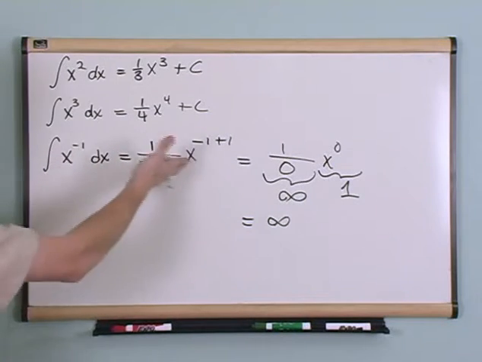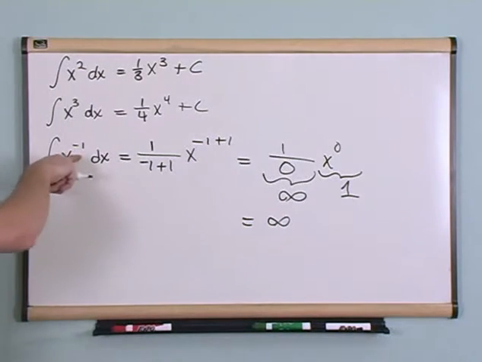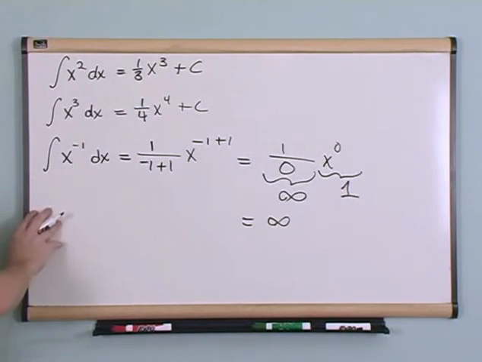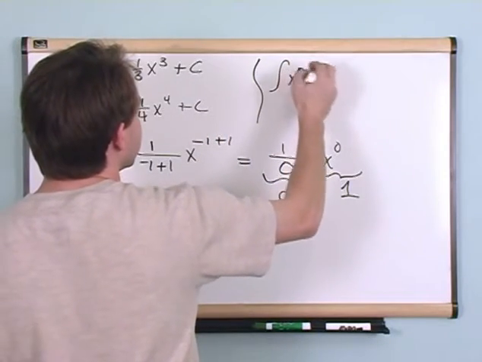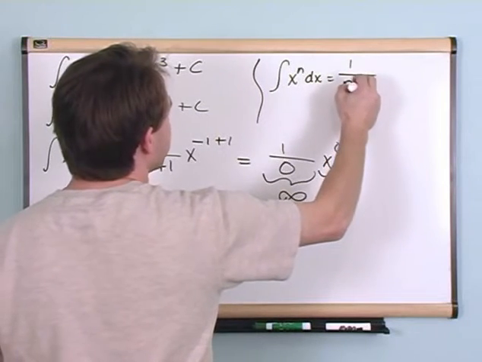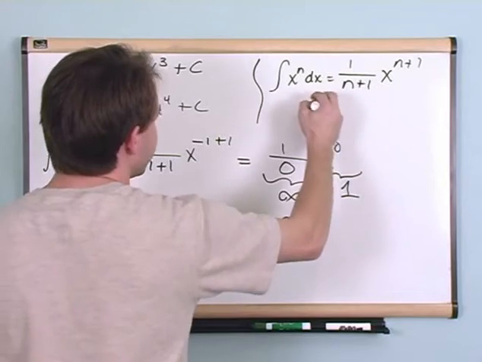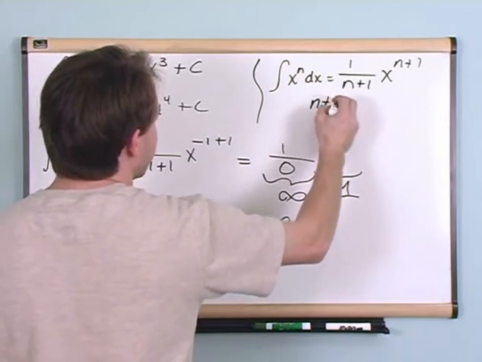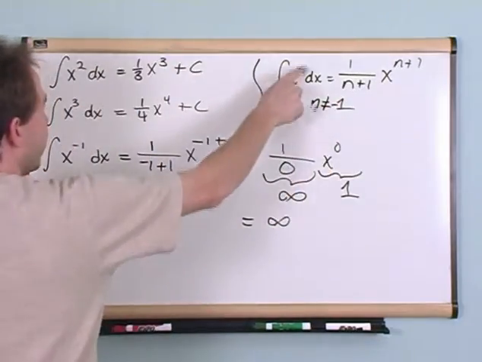So this formula, this mechanical means that we use, it doesn't work when you're trying to take the integral of x to the minus 1. So that's why early on when I said the integral of x to the n dx is equal to 1 over n plus 1 x to the n plus 1, we said that's only true when n is not equal to negative 1, when you don't have a negative 1 up here.